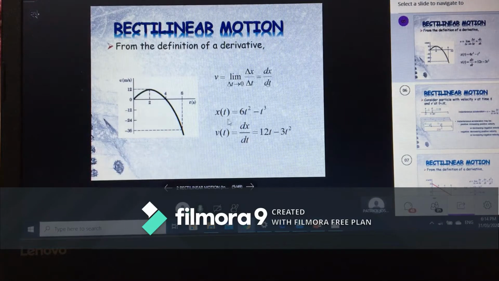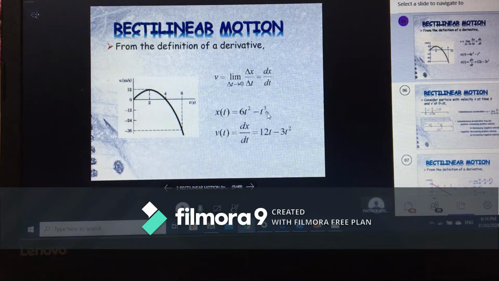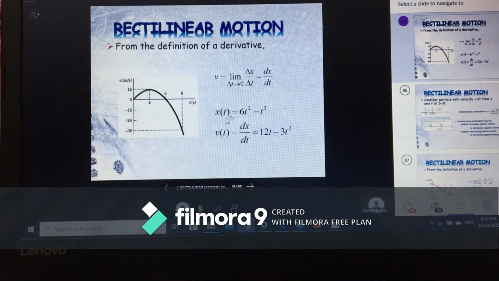That's why if you have the displacement x as a function of time, given as 6t squared minus t cubed, now to find the instantaneous velocity, you just take the derivative of x as a function of time with respect to t.